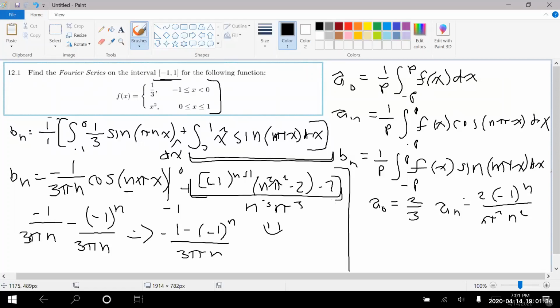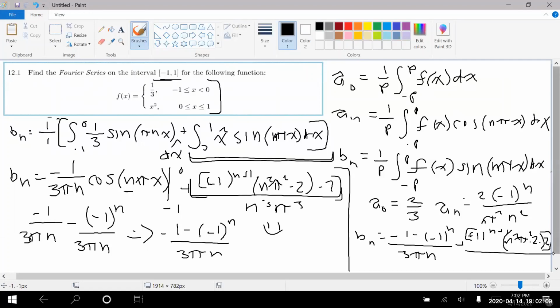I'm going to make that smaller, and then we can plug in all our values. Actually, I'm going to write it over here if I have space. Negative 1 minus negative 1 to the n over 3 pi n, minus negative 1 to the n plus 1, I'm really trying to fit this in, n squared pi squared minus 2, bracket, all over n cubed pi cubed.